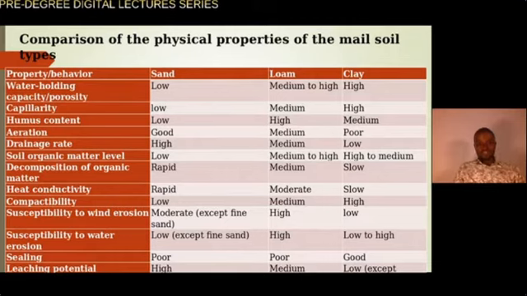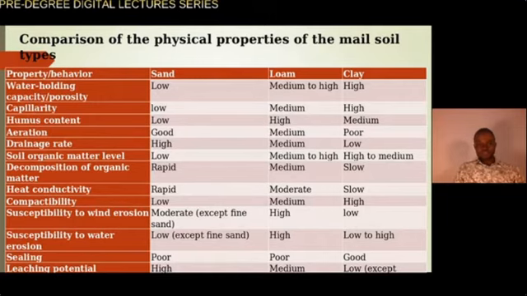The sandy soil is lowest in porosity. The loamy soil is medium to high, and clay soil is high in water retention or water holding capacity. Then we also have capillarity. Capillarity here is the ability of water to drain through the soil.